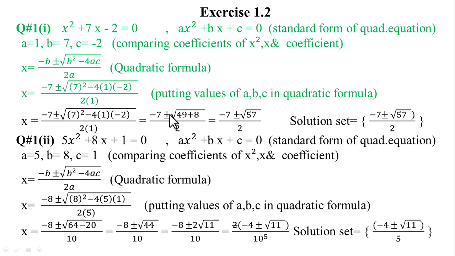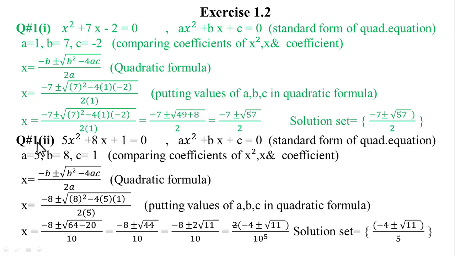So minus 7 plus minus the square root of 49 plus 8, divided by 2. So we have minus 7 plus minus the square root of 57 divided by 2, because 49 plus 8 is equal to 57. So the solution set of x square plus 7x minus 2 is equal to 0 is minus 7 plus minus the square root of 57 divided by 2.